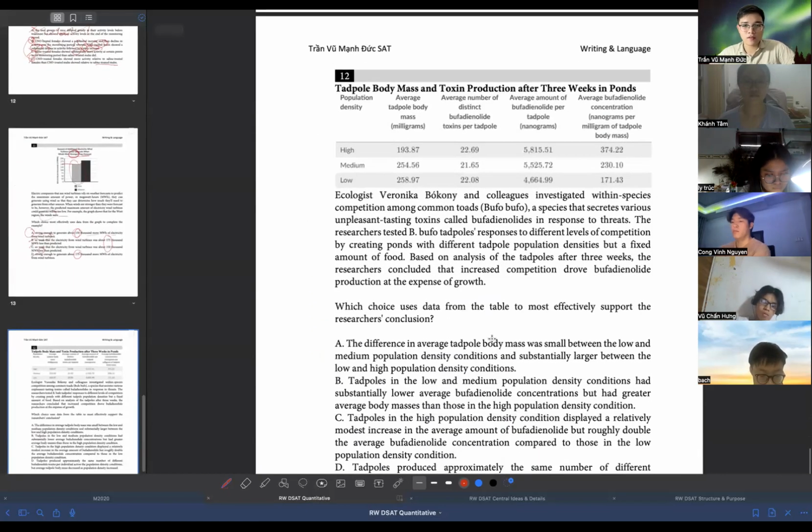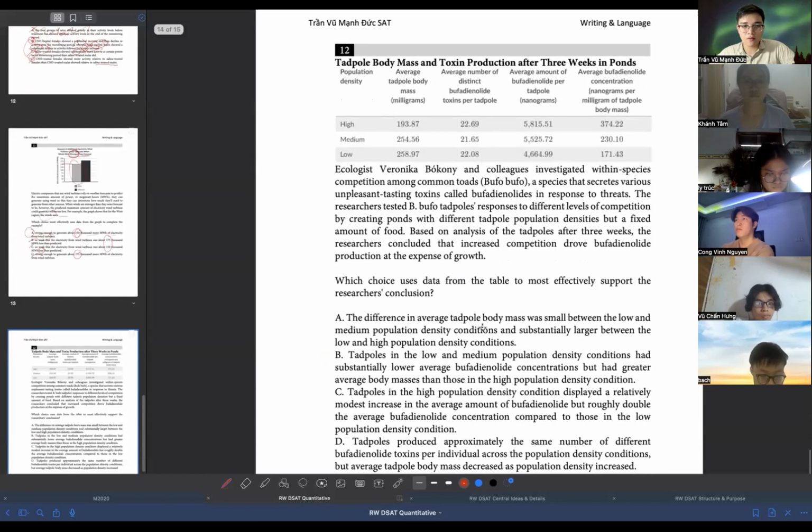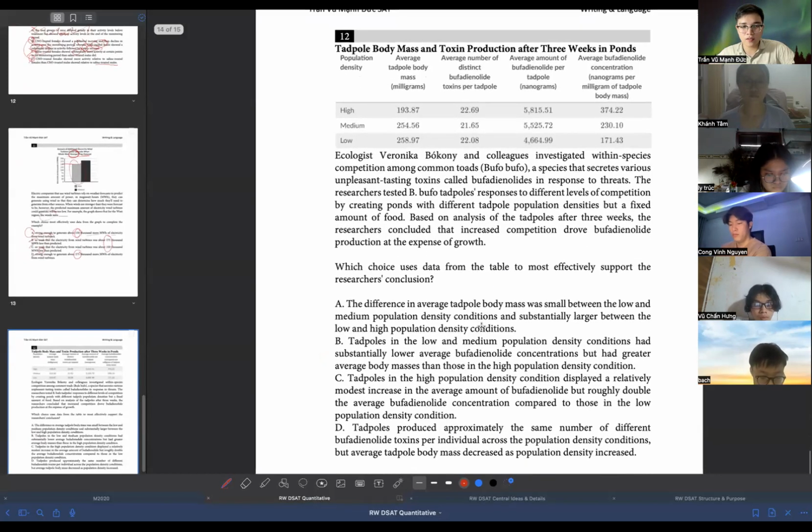All right, this one, if I recall correctly, was quite complicated to understand. But let's see, what did you choose for this question? I choose B. Why did you choose B?